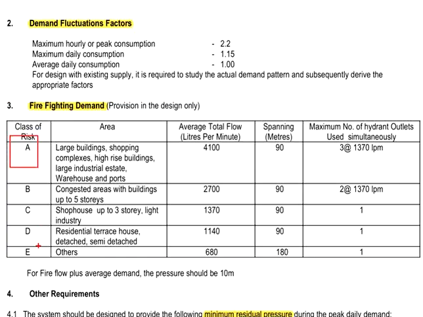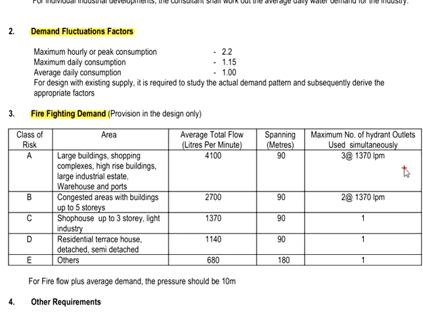You have Class A to Class E. For a typical residential development, this is the average total flow of fire, and it states that the maximum number of fire hydrant outlets used simultaneously is only 1 unit. That means you require an average total flow of 1,140 liters per minute. Bear in mind that the unit for the firefighting demand is in liters per minute.